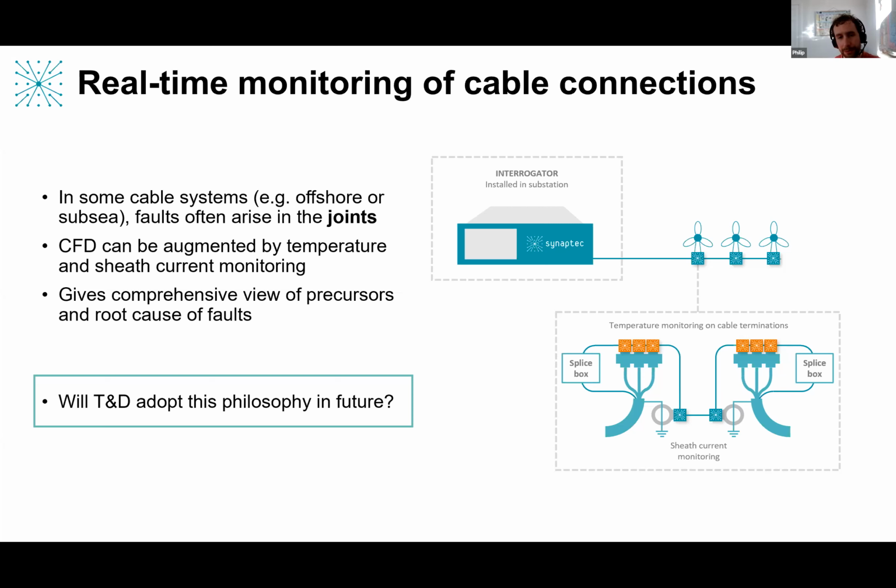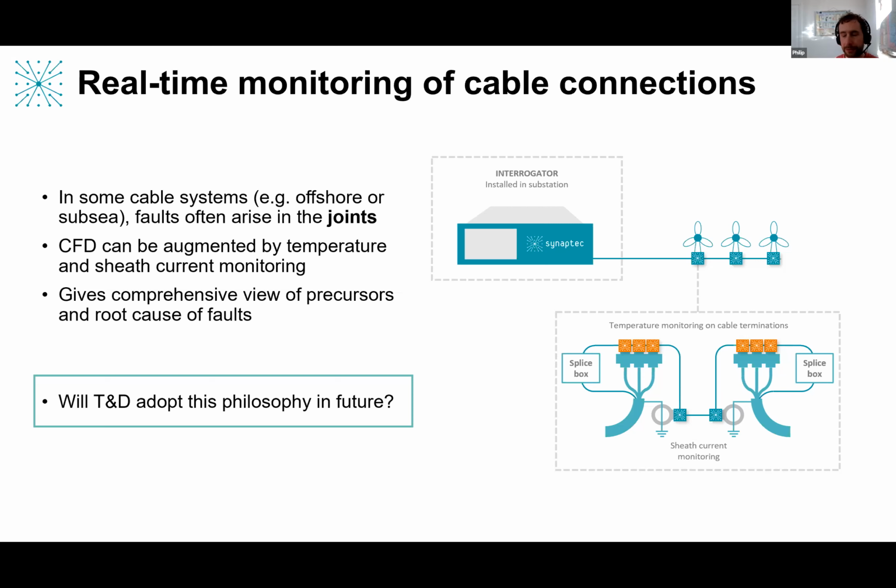So not only do they want to catch the fault and be discriminative about which section is faulted, for example, between different generators, but they want to analyze the signal in depth, and they want to look at correlations between what's happening electrically with transients or harmonics, and what's happening mechanically with vibration and temperature. And they also want to look at the correlations between what's happening on the earth conductor and in the phase conductors as well.